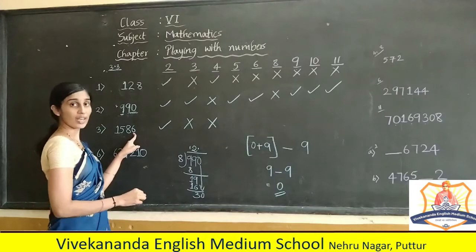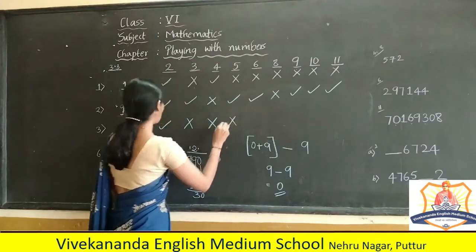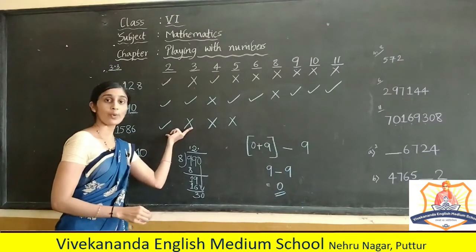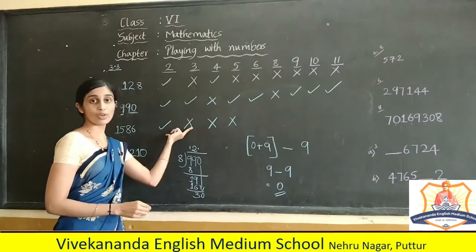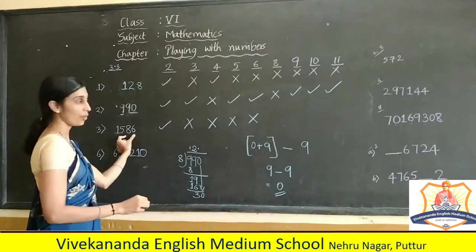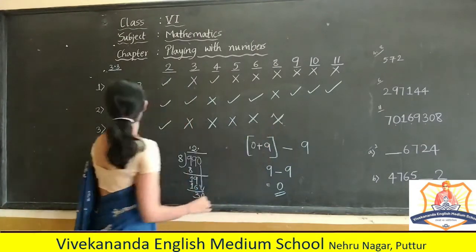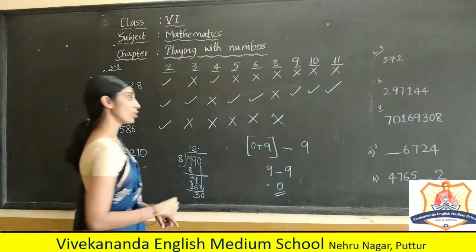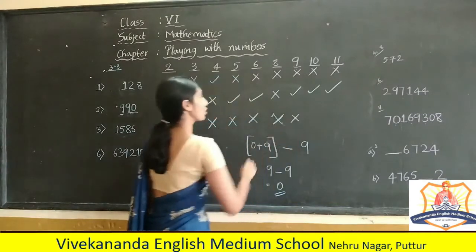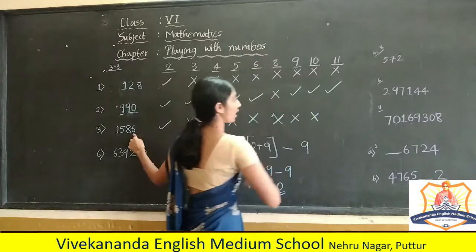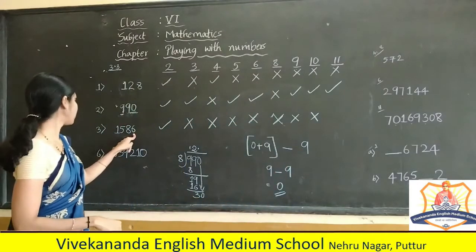By 5, of course it cannot, it is not ending with 0 or 5. Next, 6: it is not divisible by both 2 and 3, so it is not divisible by 6. 8, no. 9: the sum comes 20, and 20 is not divisible by 9, so it is also not possible. It is not ending with 0, so here also it cannot.